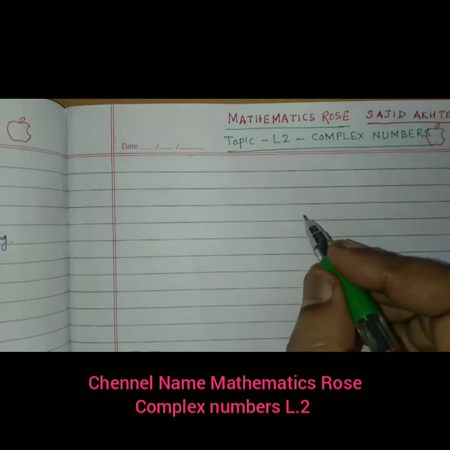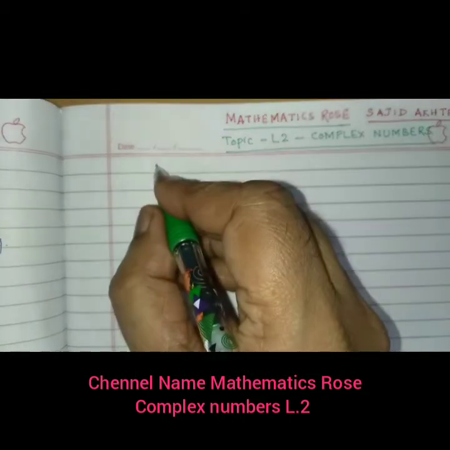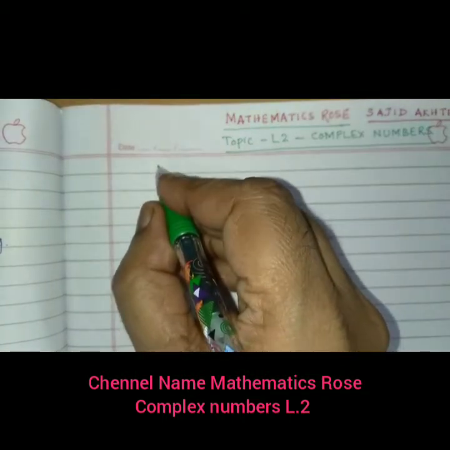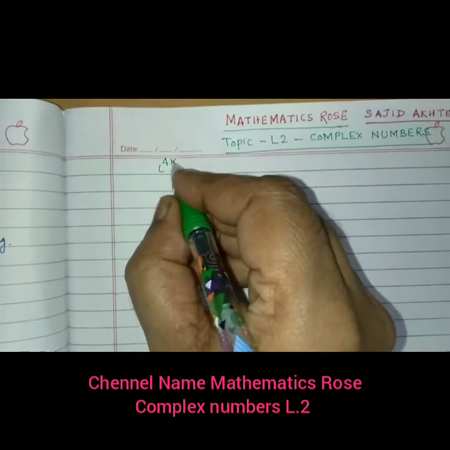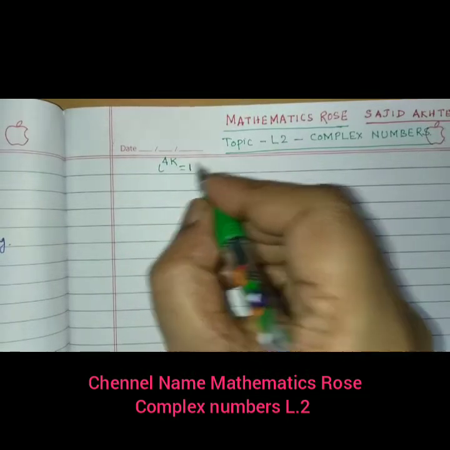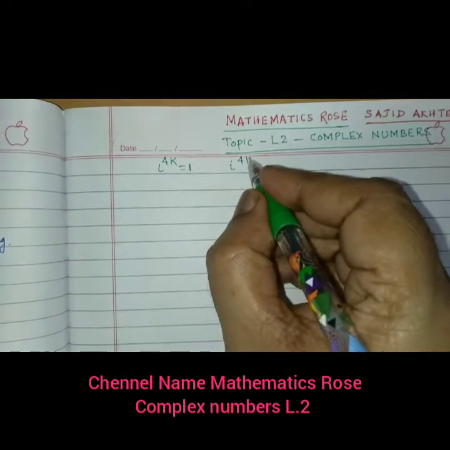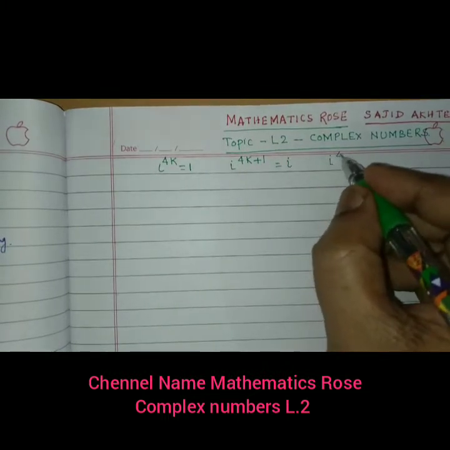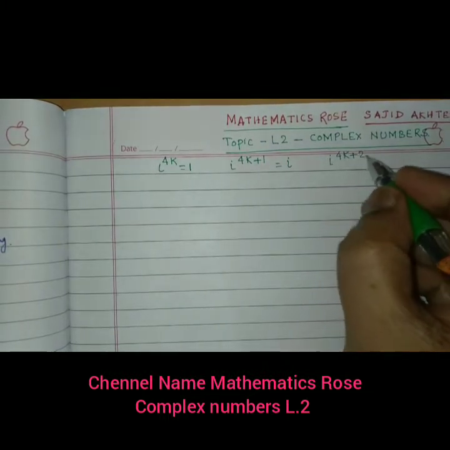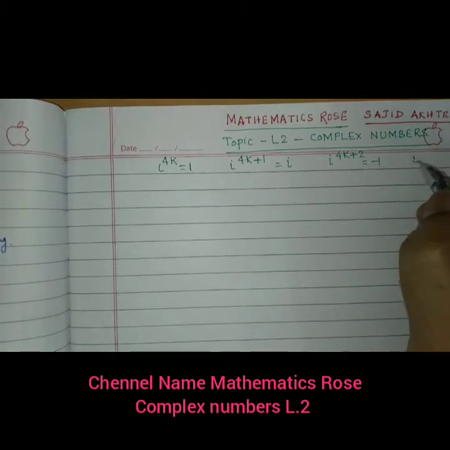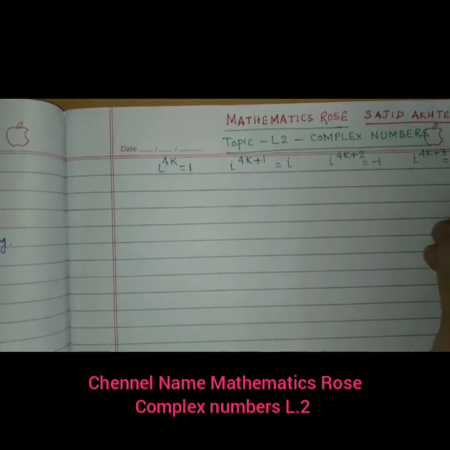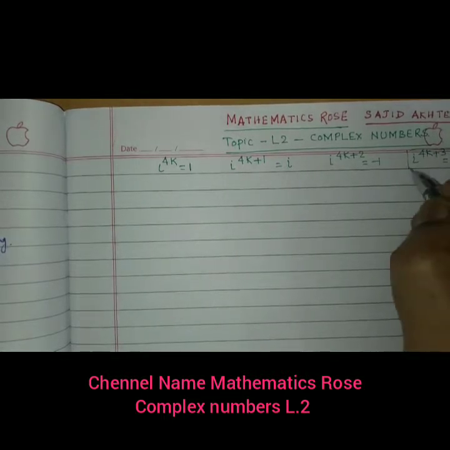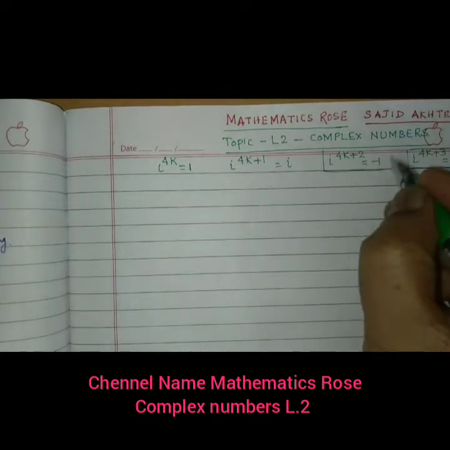I have discussed the iota, and I have already discussed that i to the power 4k is equal to 1, where k is an integer, and i to the power 4k plus 1 is equal to i, and then i to the power 4k plus 2 is equal to minus 1, and then i to the power 4k plus 3 is equal to minus i. This was discussed in my first video. Just a recap I have given over here.